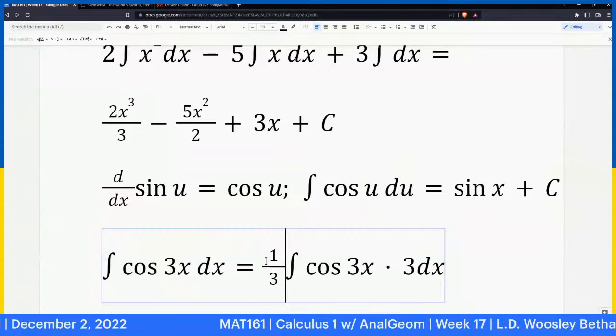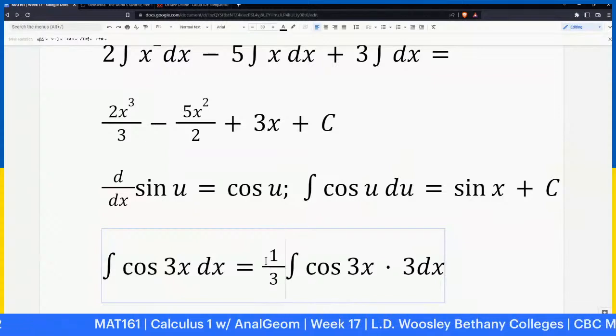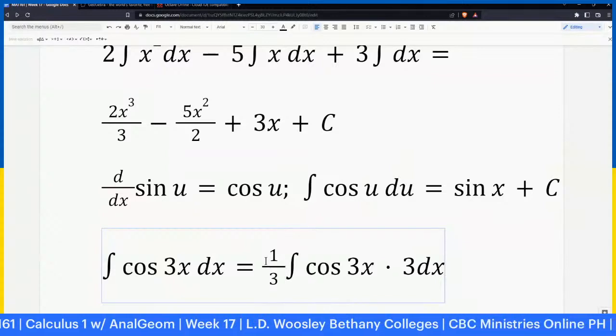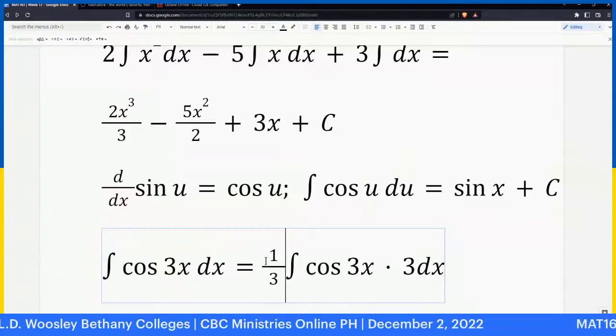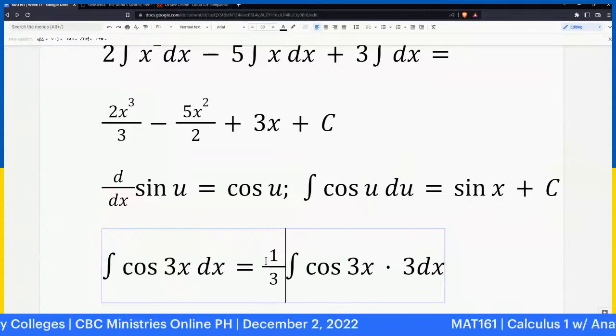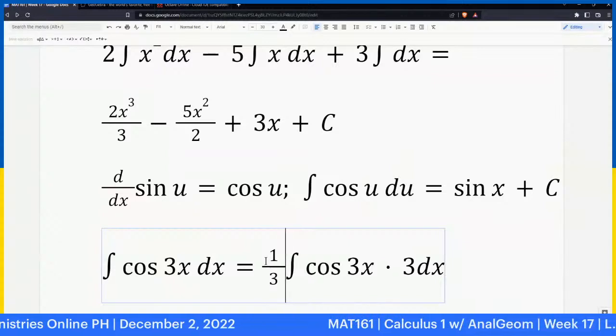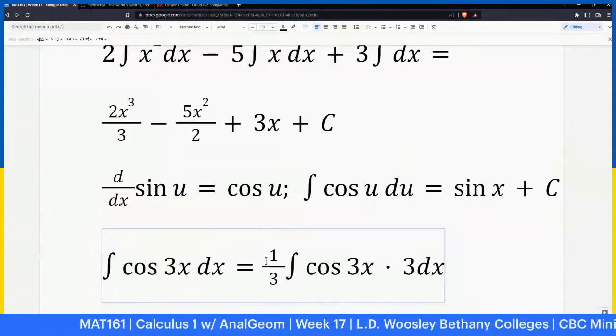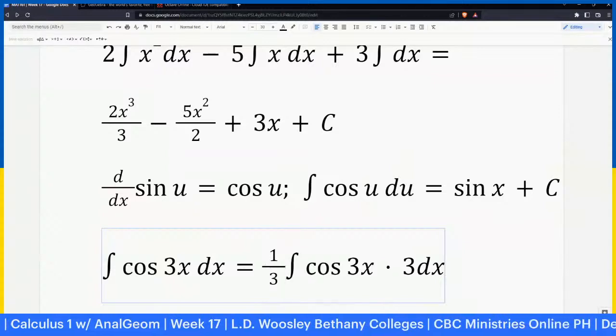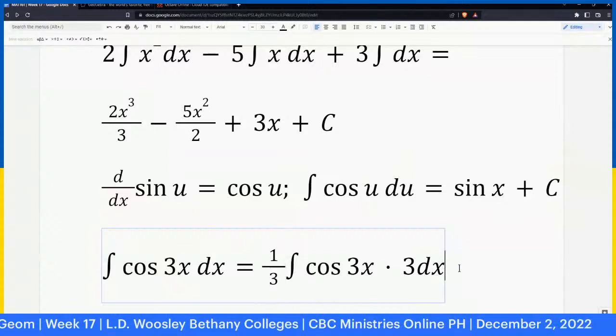However, this is only true for constant. Pag ang ipapasok mo variable, hindi na pwede. You will use other methods. Okay, but constant is permissible. Since 3 is constant, it's permissible, then you just put the neutralizing factor 1/3 before the integration process. Okay ba guys? Question?